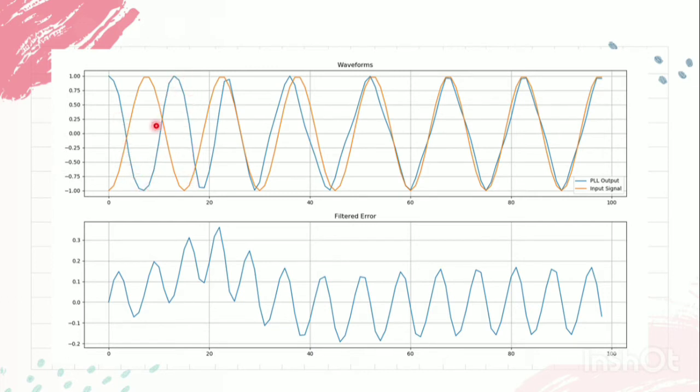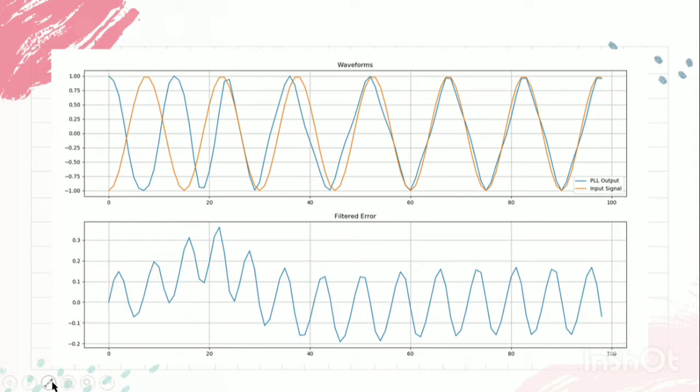As you can see, the VCO output at the beginning has a 90-degree phase shift, and due to the feedback mechanism, it slowly tries to capture the input signal, and finally there is a zero phase difference between our input and the output. The diagram below represents our filtered error signal.